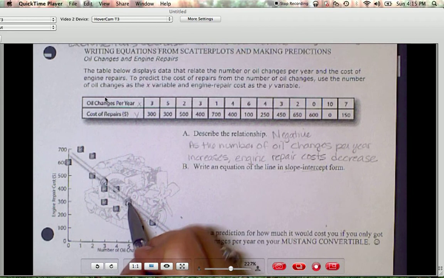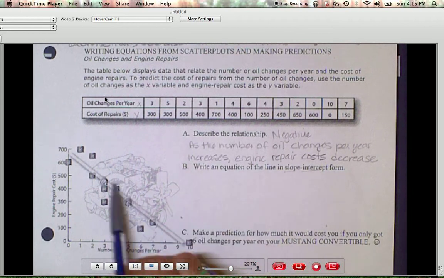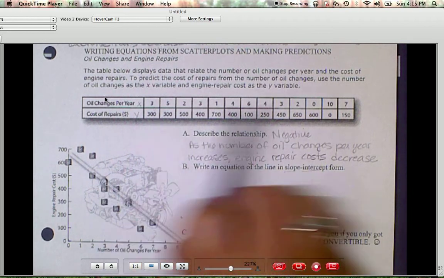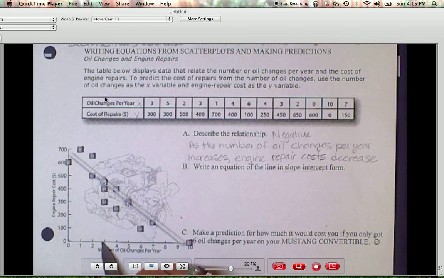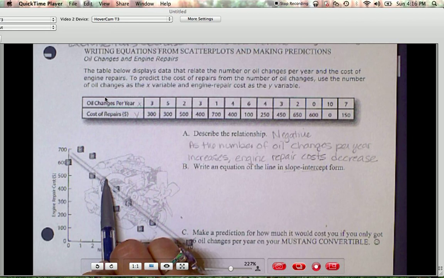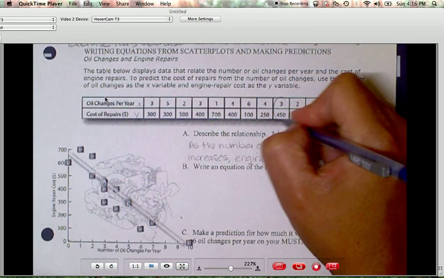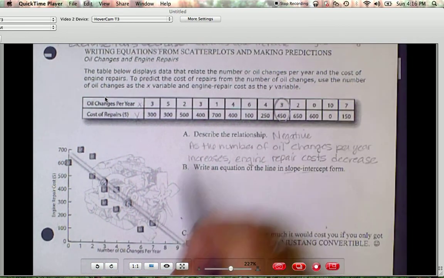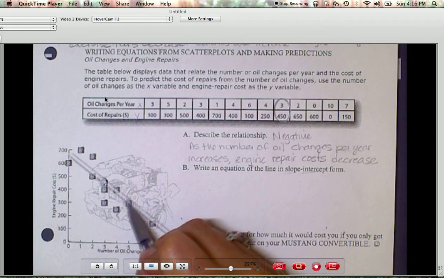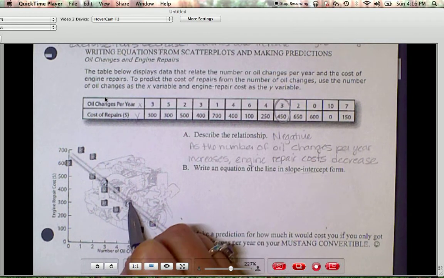Okay, so what we need to do is identify what these 2 points are, because we need to get them straight from the chart here. So this one is 3. We know the number of oil changes is 3. And the repair cost is $470 or something. So that's actually this one, 3 and $450. Now this one is the other one we're going to use, 5 oil changes and $300.